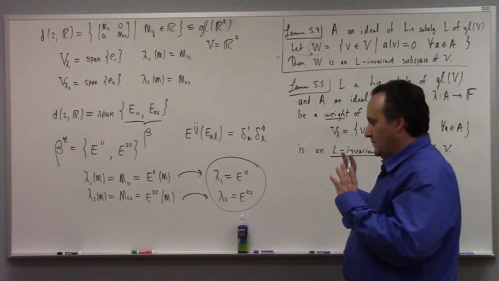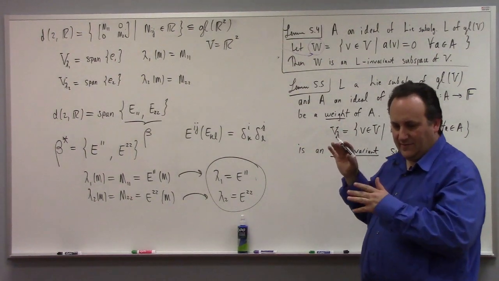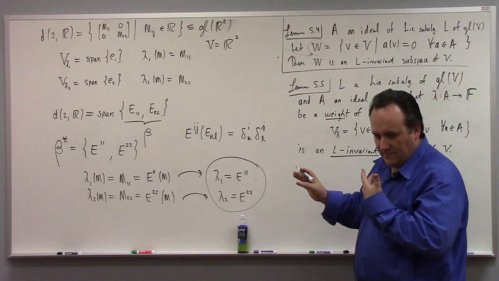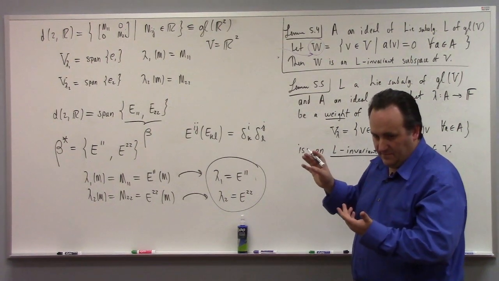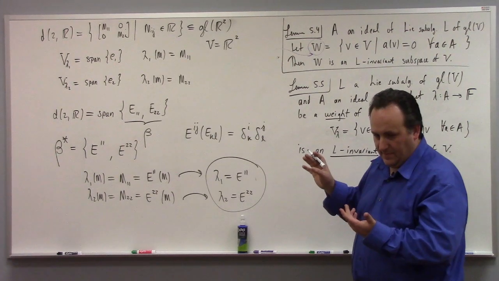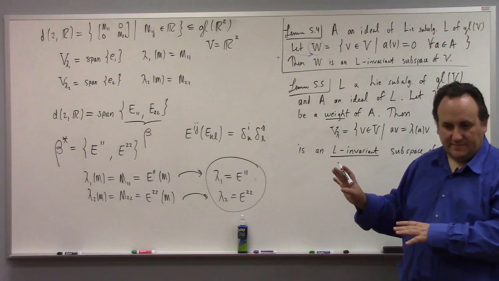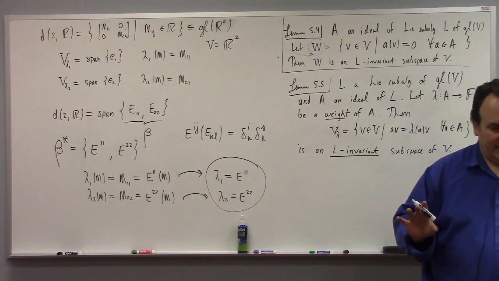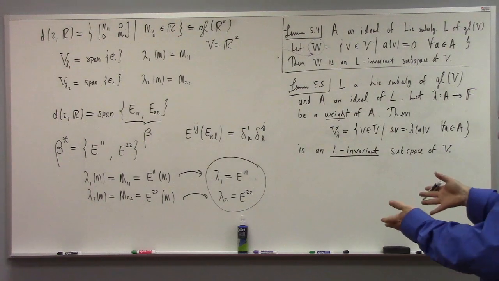I don't think that I have any freedom to scale or multiply these or even add them. I think that those are the weights. There's just those two. The set of weights are these two things, I believe.